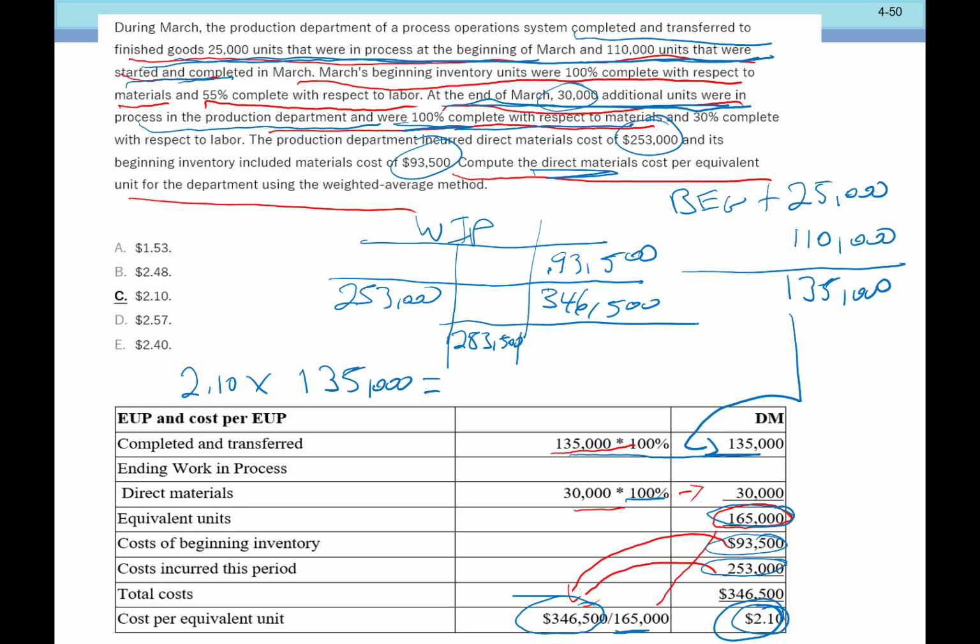So 346,500 minus 283,500 is 63,000. Okay, which would be the cost of the items that are still in ending inventory at 210 a pop. 210 times the number of units still sitting in ending inventory, equivalent units we said were 30,000.